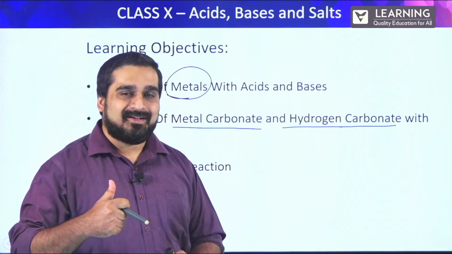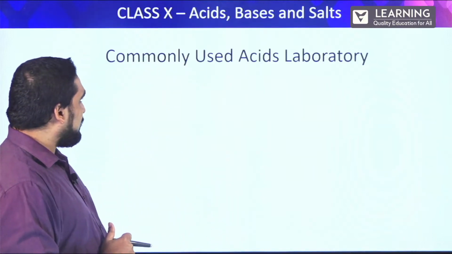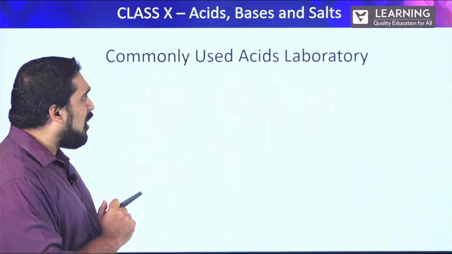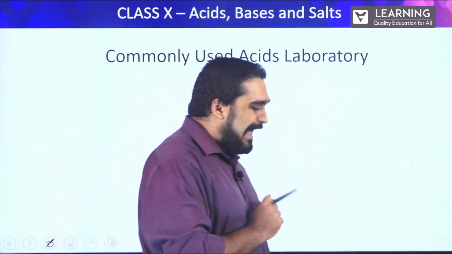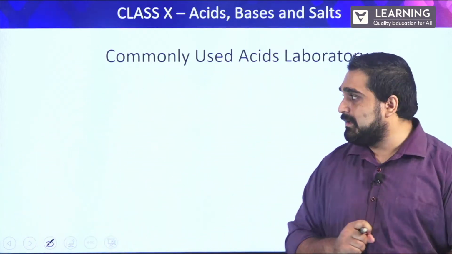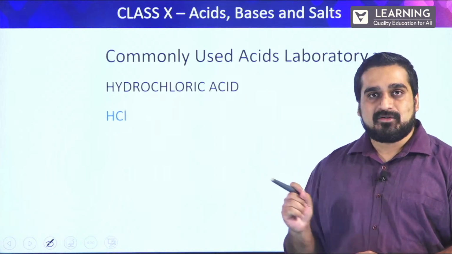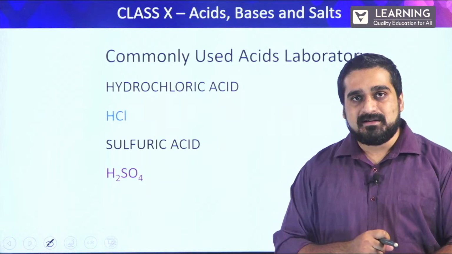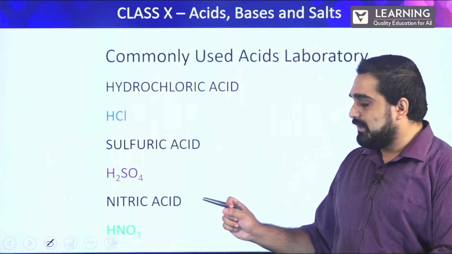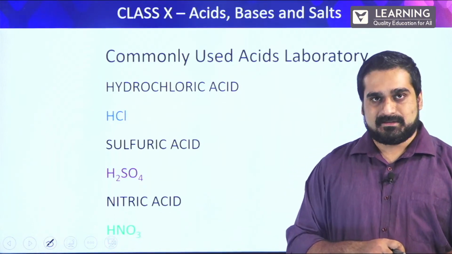So first, what are the commonly used acids in the lab? One is hydrochloric acid, two is sulfuric acid, and three is nitric acid.